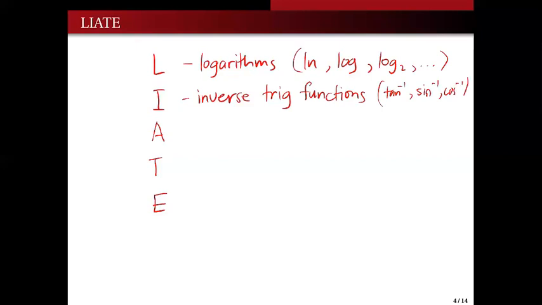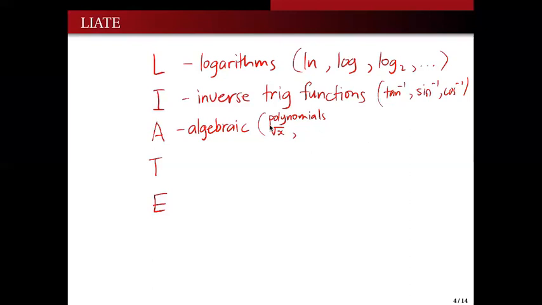A here is algebraic. What are these? These are your polynomials, possibly square root of x, or maybe 1 over x. Actually, this 1 over x is not algebraic, so we do not include that.